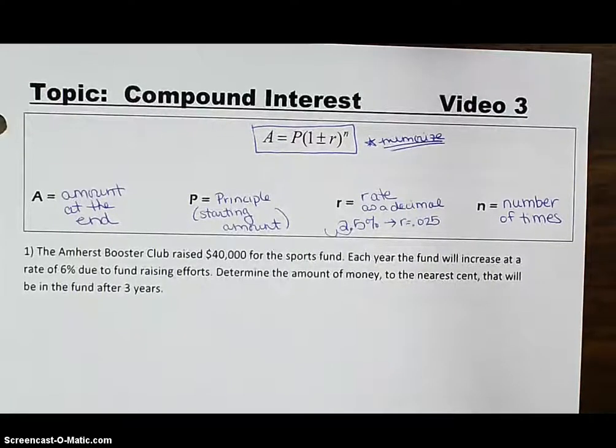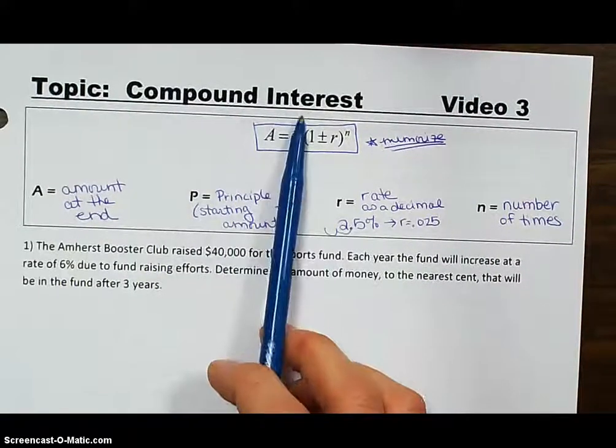So let's talk a little bit about what compound interest is. Compound interest happens, for instance, in a bank account. You put money in the bank, and every month it gives you an interest rate, so it increases. But then the next month it's the new amount, and you continue increasing. That would be compound interest when you're adding.